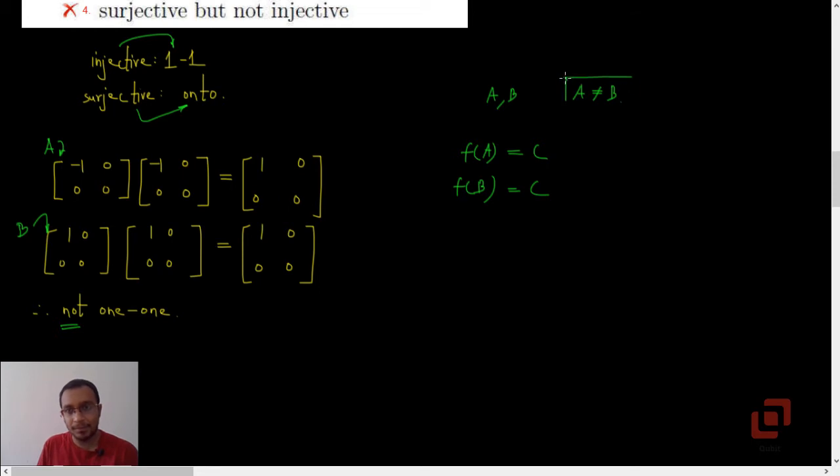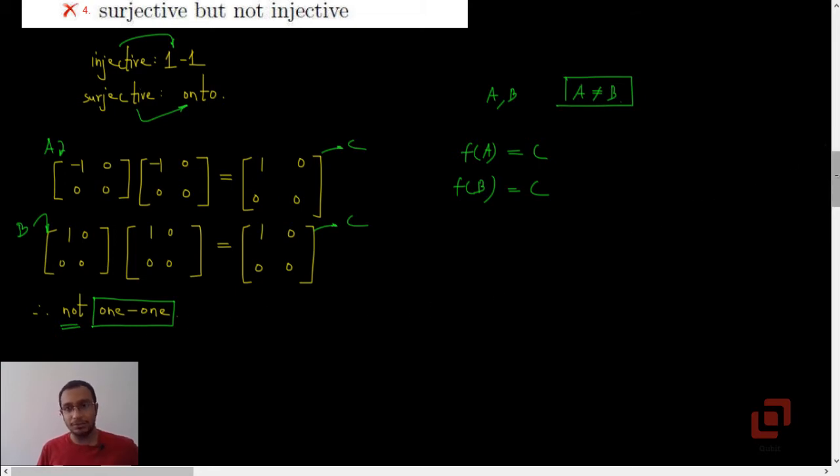Now if you square both of them using the rules of matrix multiplication, you end up getting the matrix [1, 0; 0, 0], which is C. Which means the square of A is C and the square of B is C, but A and B are not equal. So this is enough to establish that the function we are defining is not 1-1.